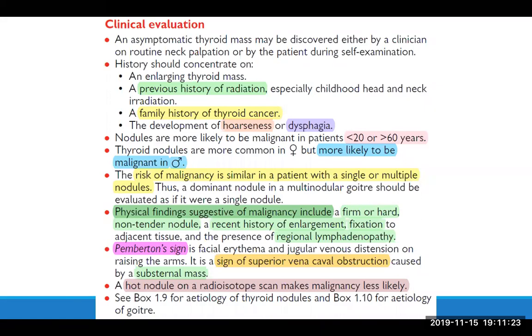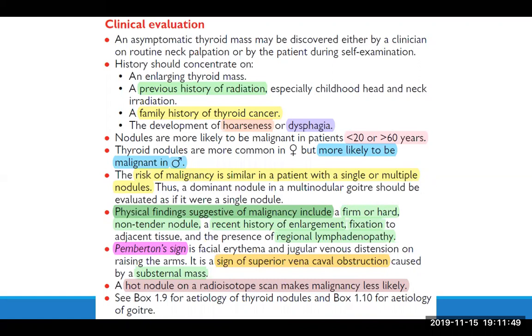A history of exposure to radiation increases the risk of thyroid cancer, especially if the radiation intake was in the childhood period. Also, a family history of thyroid cancer is one of the alarming manifestations, and of course the development of hoarseness or dysphagia, we must suspect thyroid malignancy.